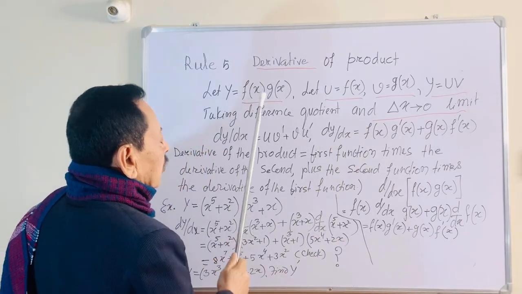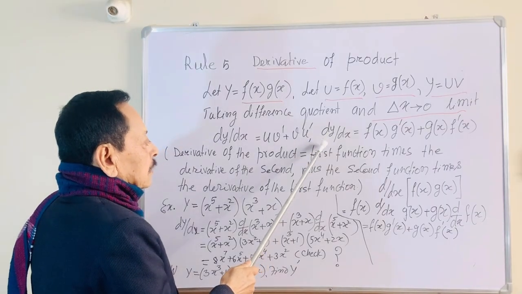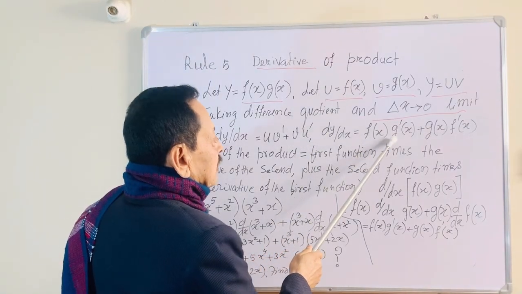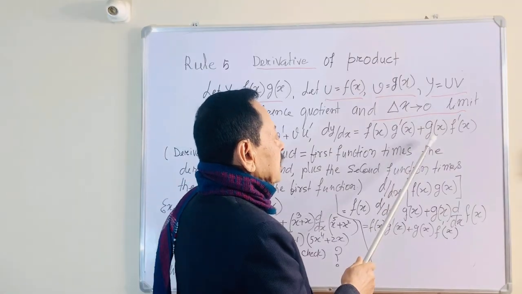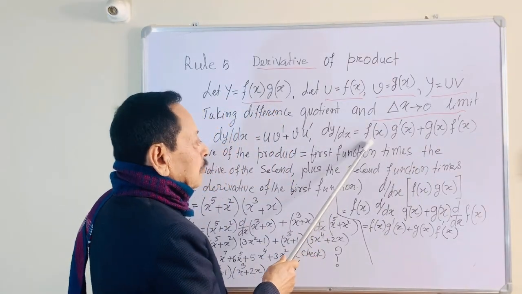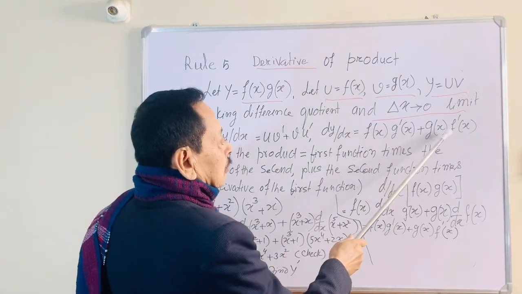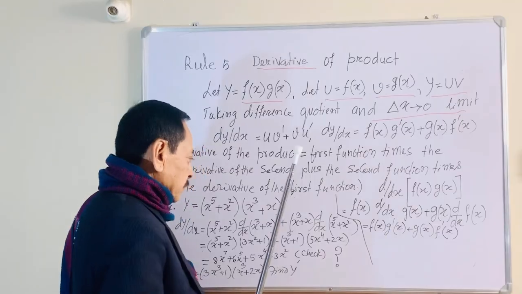If they are in the product form, then dy by dx is f(x) g'(x) plus g(x) f'(x). That means first function multiplied by the derivative of the second plus second function into the derivative of the first.